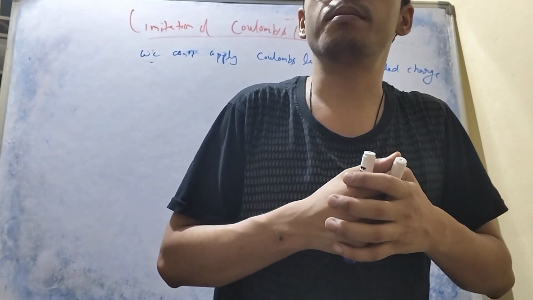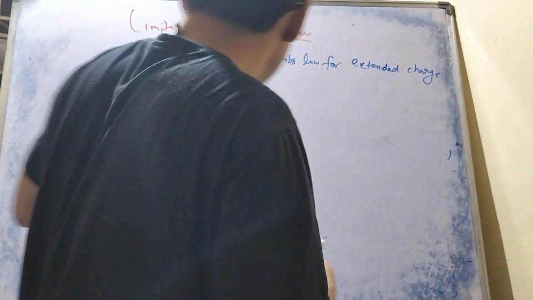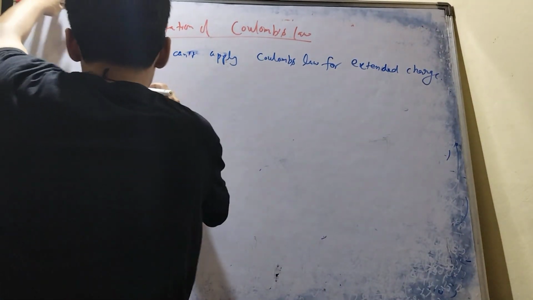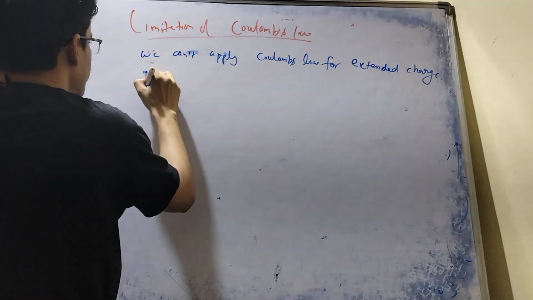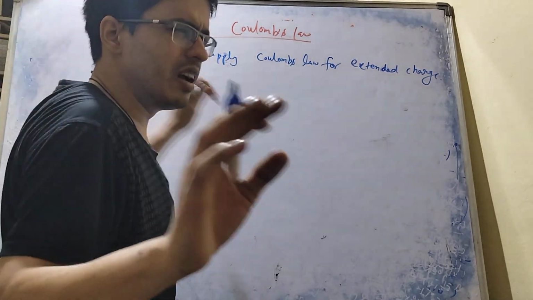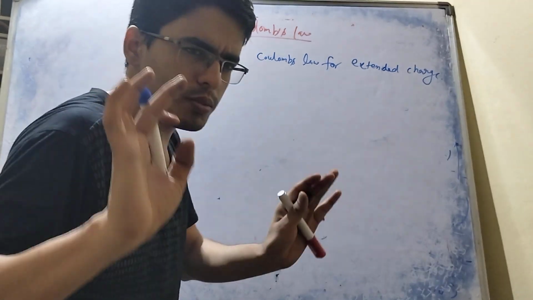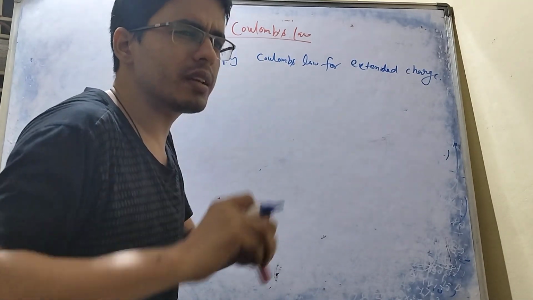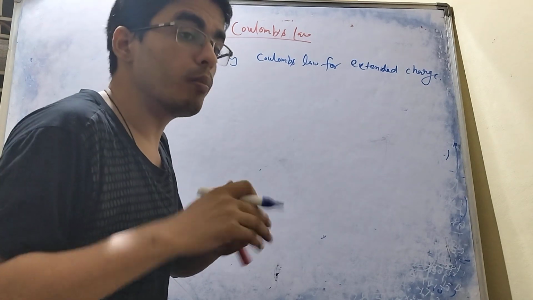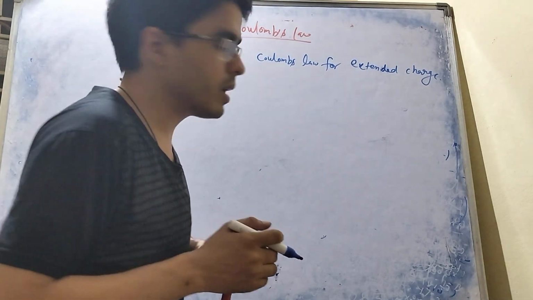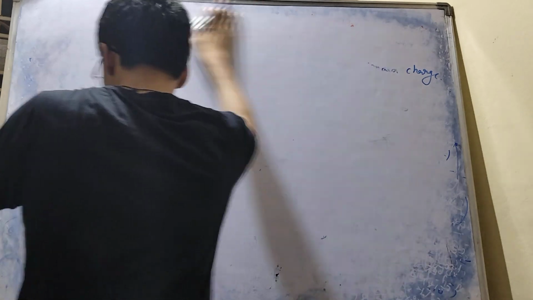Because Coulomb's law is part of electrostatics. See here. If both charges are in rest condition, we can apply Coulomb's law. One is moving, one is at rest, we can apply Coulomb's law. Both moving, no, we cannot apply Coulomb's law. Simply. Next.